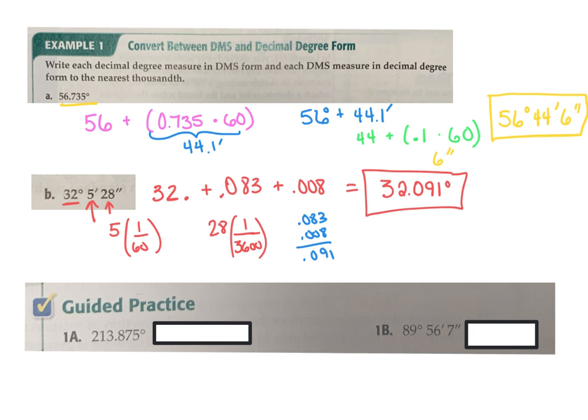Make sense? So check your work. You should have gotten 213 degrees, 52 minutes, 30 seconds for the first one. And then 89.935 for the second one.